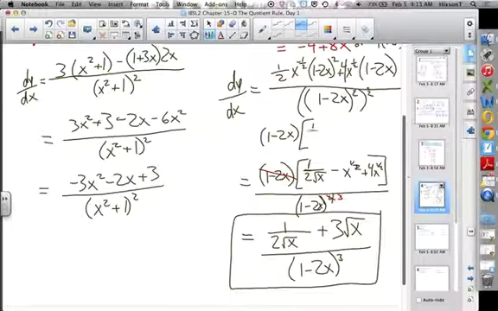What's left is 1/2 x to negative 1/2 times 1 minus 2x plus 4x to 1/2. Okay, that's just the numerator. But when I distribute, the half times the 2 gives us the 1. Oh, I see. Negative 1/2 times x, you add the exponents. So 1 minus a half would be a half.